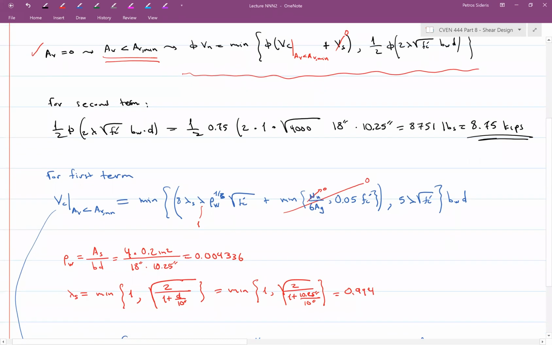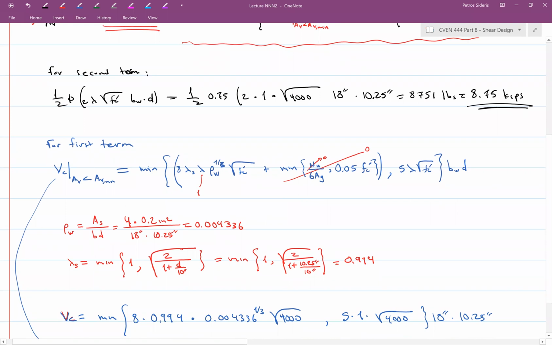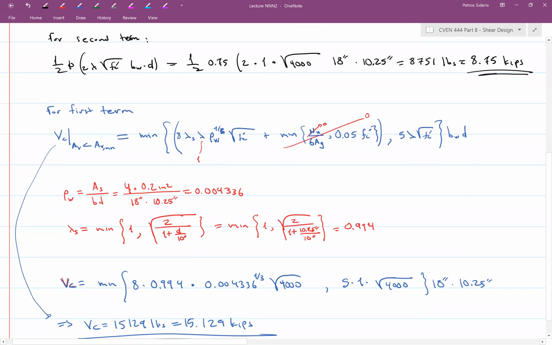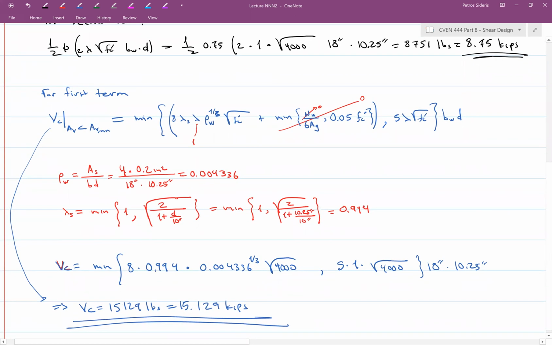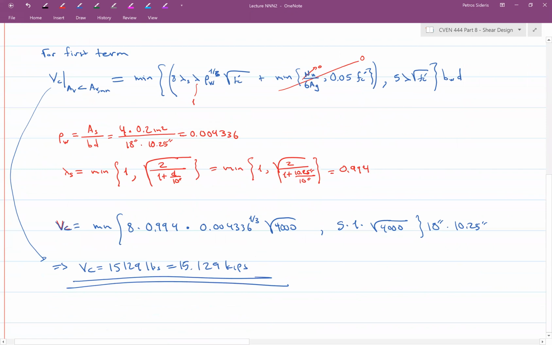We worked out all the terms, particular emphasis on rho W, which is the longitudinal reinforcement ratio, and lambda S, which is essentially the size effect reduction factor. We calculated those, and eventually we ended up with a strength VC of 15.129 kips.